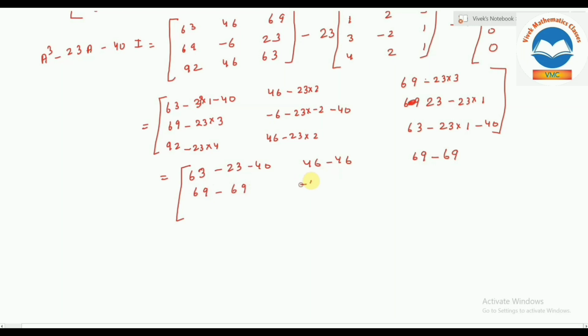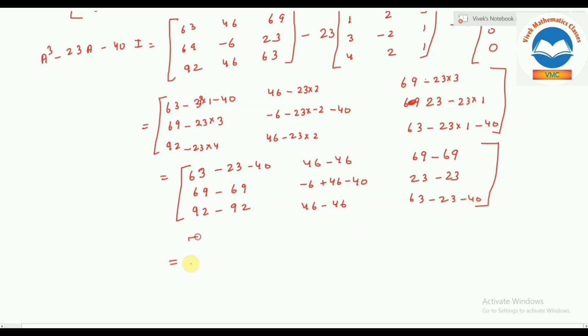And here you will get minus 6 plus 46 minus 40. So this will be how much? 23 minus 23. And next how much are you getting? 92 minus 92, and this will be 46 minus 46, and this will be 63 minus 23 minus 40.